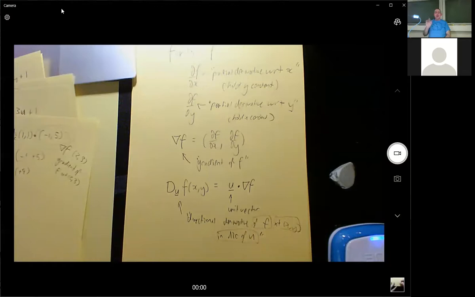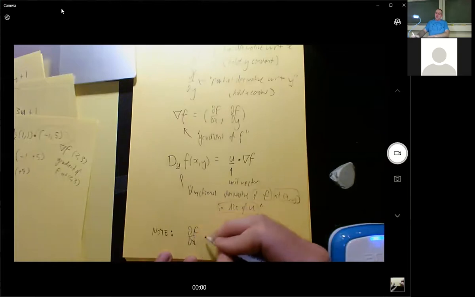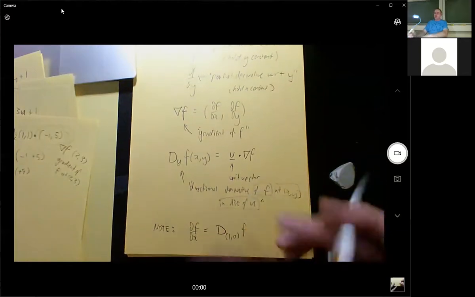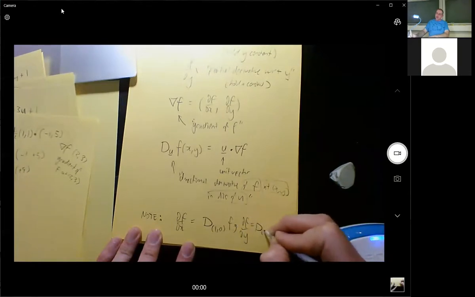Okay, and just as a final note, df on dx is the same as the directional derivative in the direction of 1, 0 of f. And df on dy is the same as the directional derivative in the direction of 0, 1 of f.